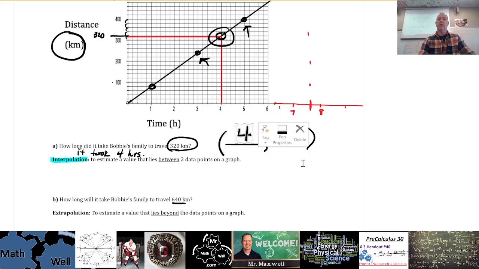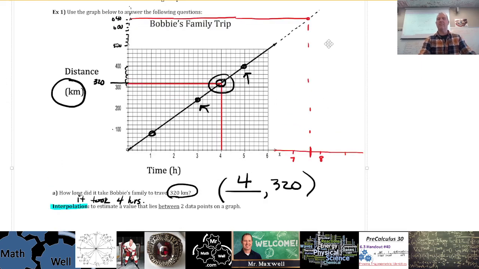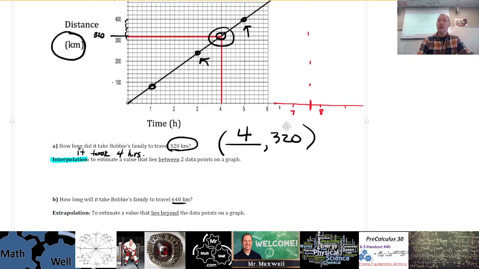So extending this graph might not get you a very accurate answer. Some of you said 8 hours. By this graph, it didn't look like it was 8 hours, so this is a little sketchy. If you use a ruler, maybe you're going to be a little bit more accurate. But this is a good thing to notice. 4 hours was 320.